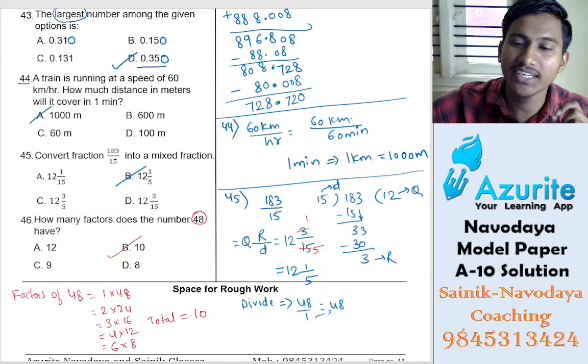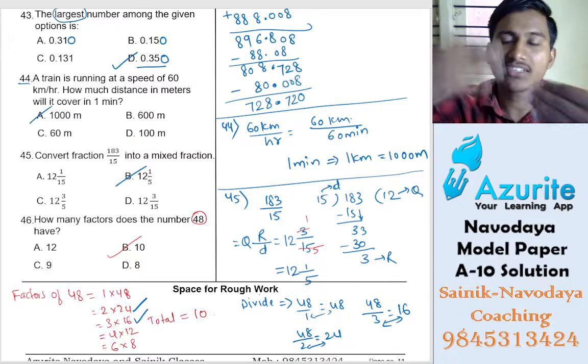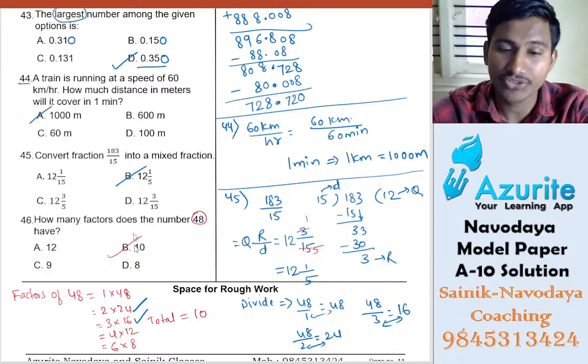Now 48 divided by 2, 24 will come. Next, if you divide with 3, 16 will come. 16 threes are 48, right? So like this you have to write the factors.